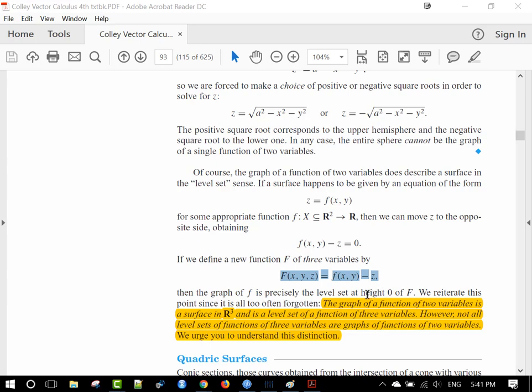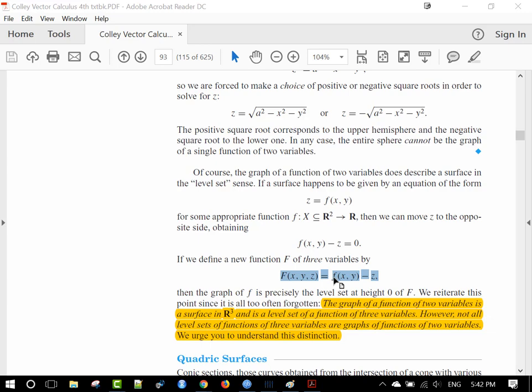So for this function, there is a level set that is a function. However, not every function of, for example, three variables will always have a level set that is a function. Okay, this seems very technical, and I'm not sure why we need to know it, but that's what it says.